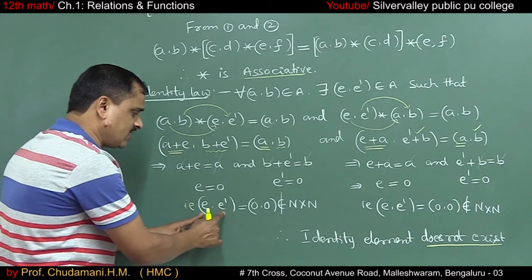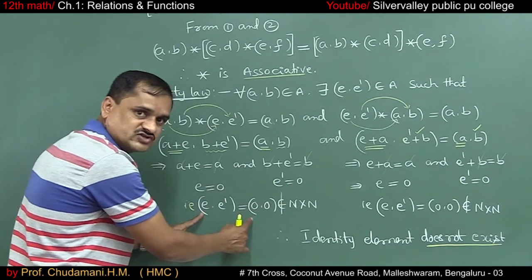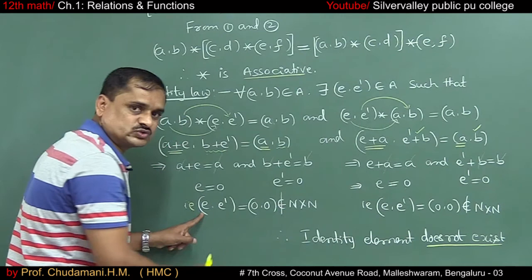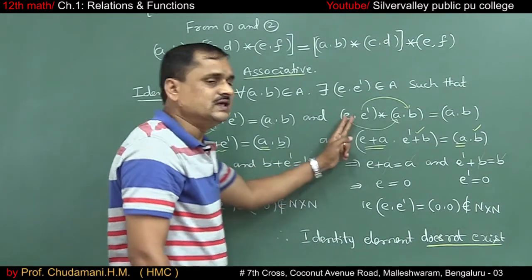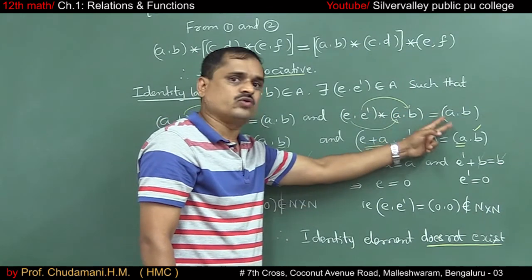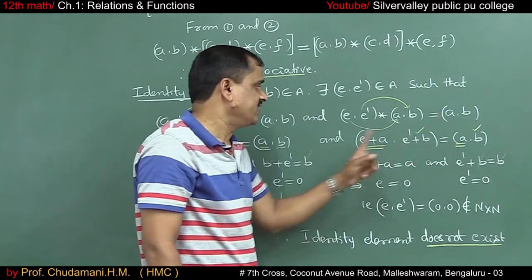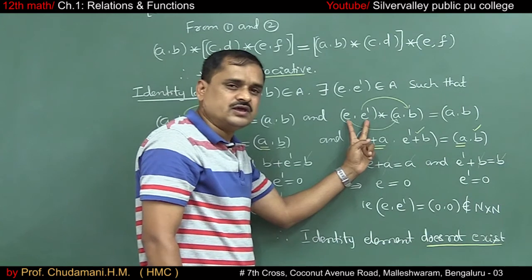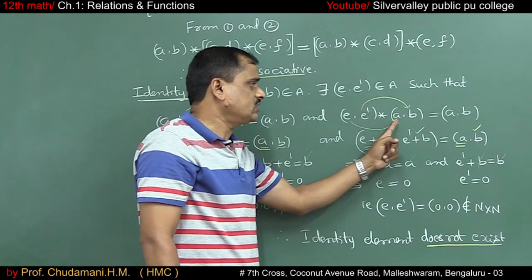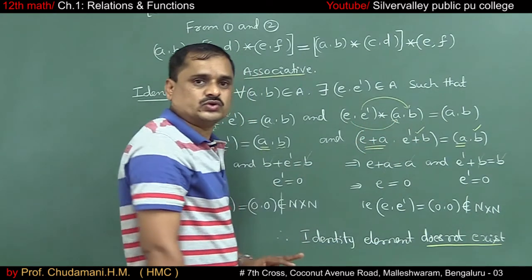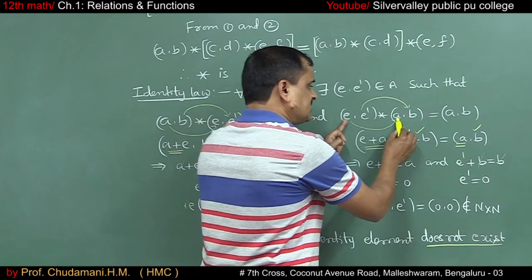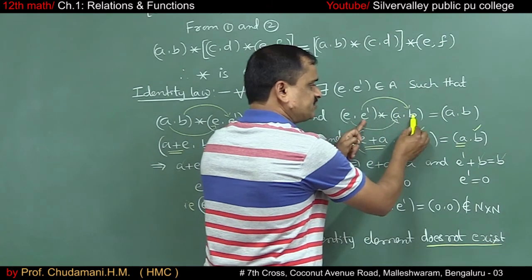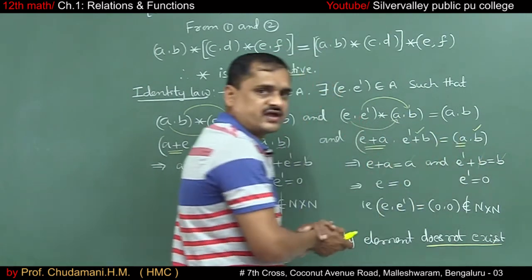That means (e, e') equals (0, 0) does not belong to N cross N, since 0 does not belong to N. Similarly, E star A is equal to A as per the definition of identity, that is (e, e') star (a, b) is equal to (a, b). Apply the definition: (e plus a, e' plus b) is equal to (a, b).